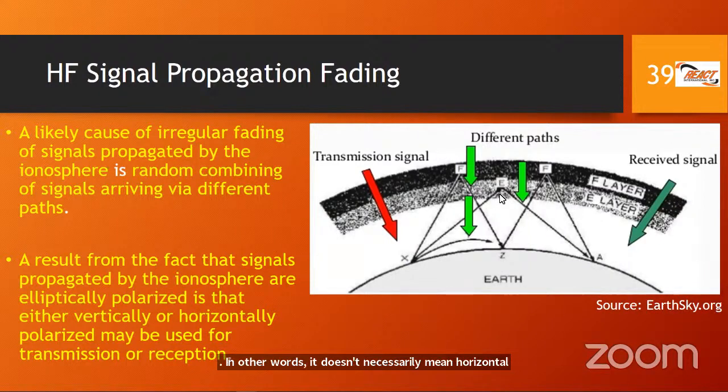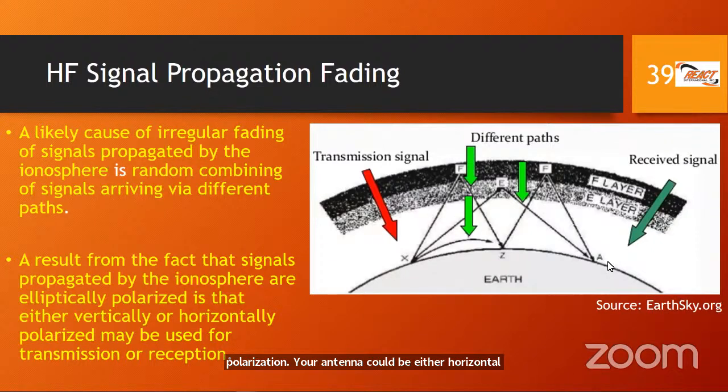And we did give a slide that shows what circular polarization is, but you don't need to really know much about that, other than that when your HF signal goes up to the ionosphere and comes back down, you can use either horizontal or vertical polarization. Your antenna could be either horizontally polarized or vertically polarized, and it will work.